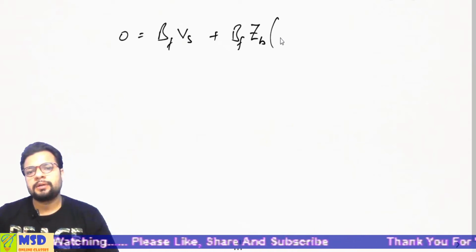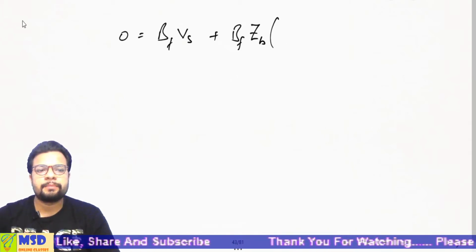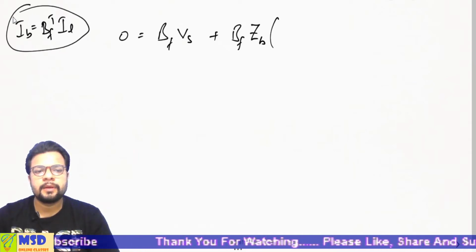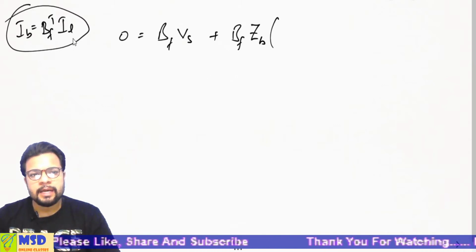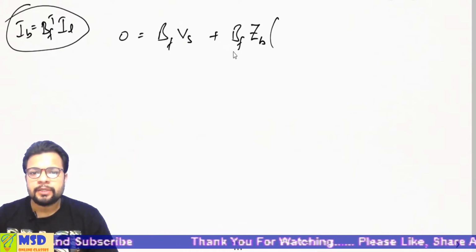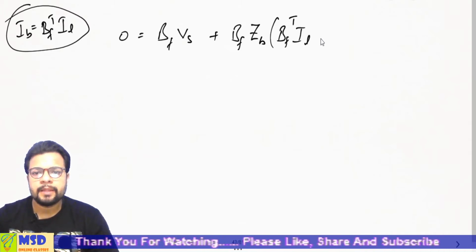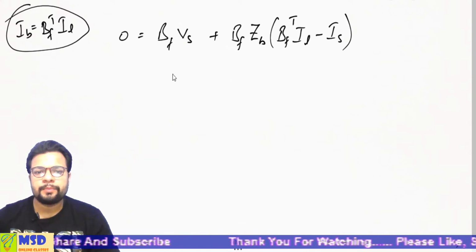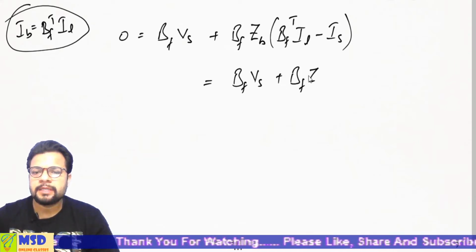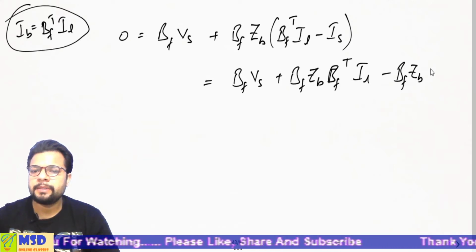Now we have also derived a relation between branch current and link current vector, and that says IB is equals to BF transpose into IL. यह हमने पहले ही derive कर रखा है। अगर किसी को इसके बारे में देखना है तो वो previous session 6 को देख सकता है। तो BF into ZB यहाँ पे था, IB की जगह मैं BF transpose into IL minus Is place कर रहा हूँ। I hope इतना समझ आ गया होगा। Now it is equal to BF into Vs plus BF ZB into (BF transpose IL minus Is).